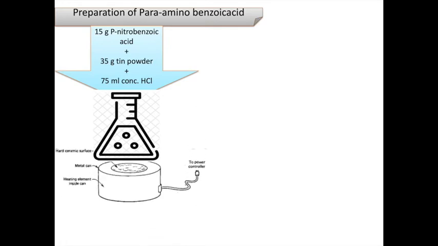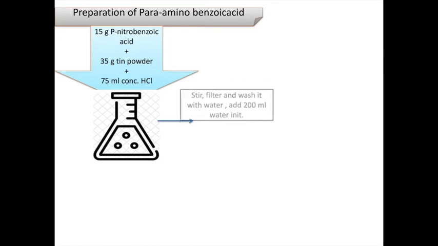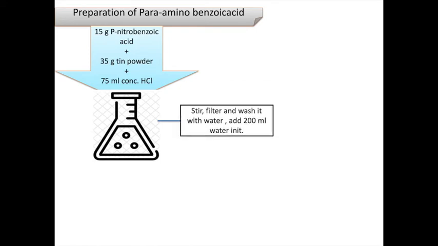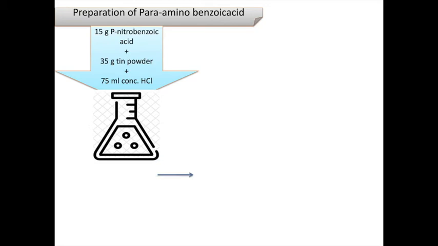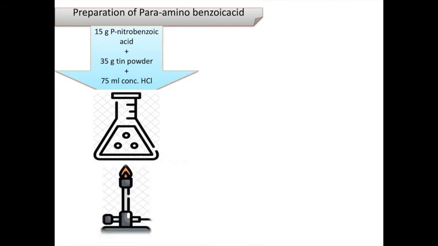After that, heat this mixture on a steam bath for 20 minutes, and after the end of the 20 minutes, stir the solution, filter it, wash it with water and add 200 ml of water into it. Now again heat the mixture to get the volume to 175 to 200 ml.